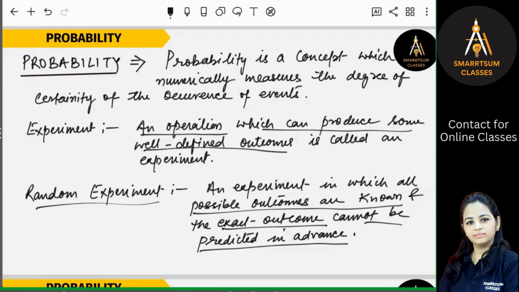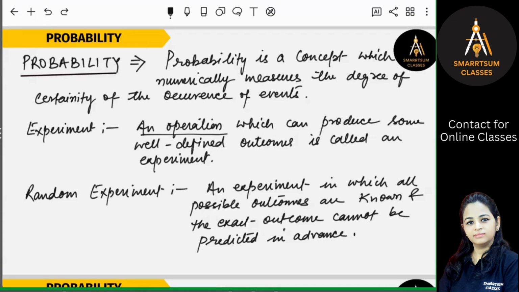Is that clear? Now, different examples of random experiments: tossing a fair coin. We know that the outcomes are either head or tail. The possible outcomes are already known, but we cannot predict exactly what the outcome will be. It may be head, it may be tail.